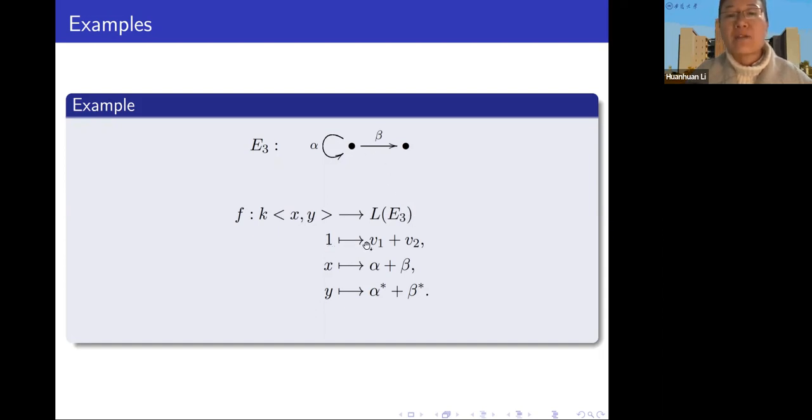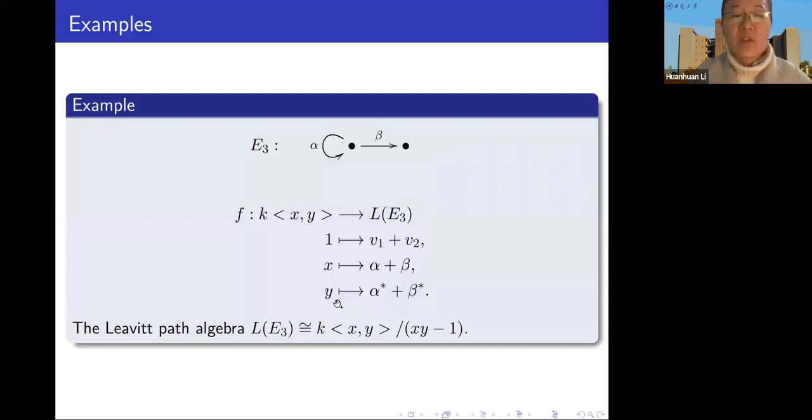We send 1 to the sum of the vertices, we send x to α plus β, and we send y to α* plus β*. Then the Leavitt path algebra here is isomorphic to K<x,y> modulo the ideal generated by xy minus 1. For this algebra, it's graded and it's very big. Each component is infinite dimensional.